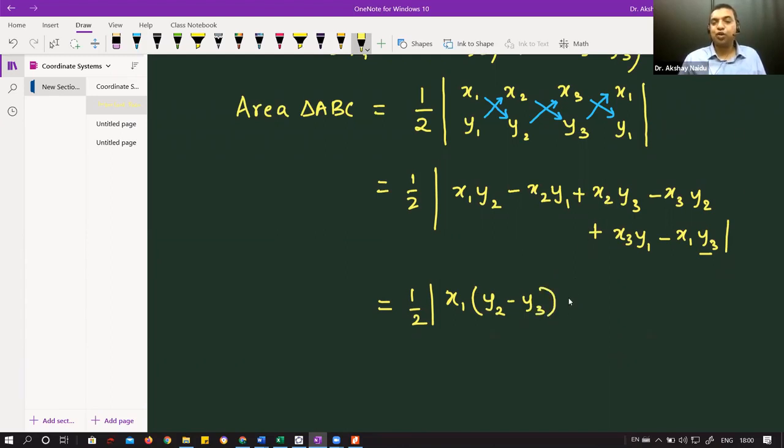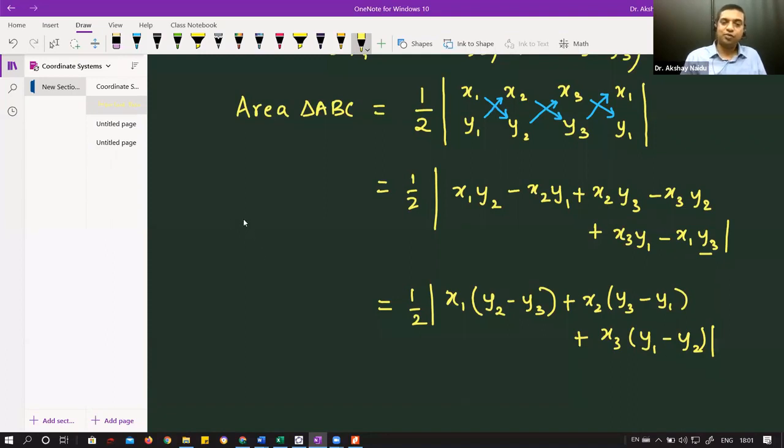Then take x2 common, plus x2, then I get y3 minus y1, plus then I take x3 common, I get y1 minus y2. Okay, so this is easy to remember: x1 into y2 minus y3 plus x2 into y3 minus y1 plus x3 into y1 minus y2.